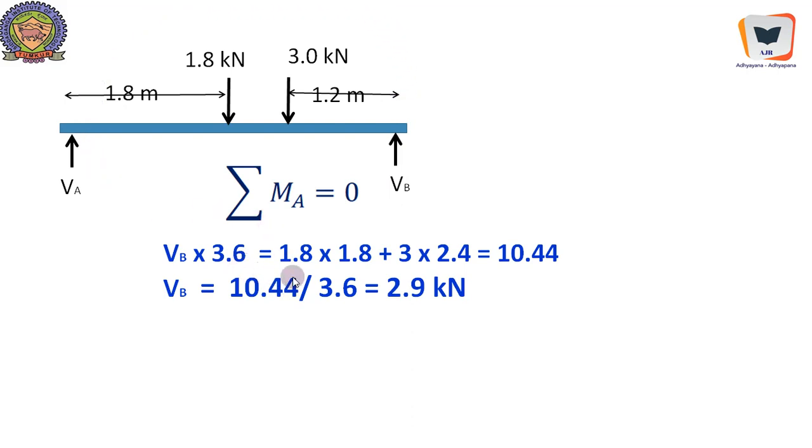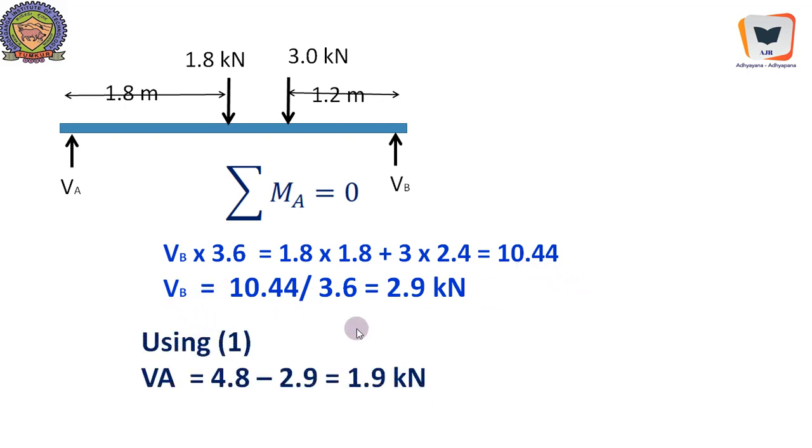VB into 3.6 equal to 1.8 into 1.8, this is clockwise, and 3 into 2.4, because the total distance is 3.6 minus 1.2, that becomes 2.4. So the total moment should be equal to 10.44, and that's how we will calculate VB, and VB happens to be 2.9 kilonewton going up because the answer is positive.